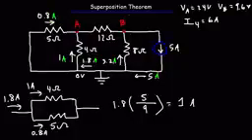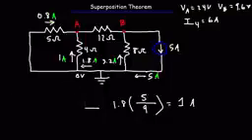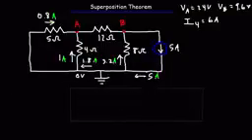What is the potential at point B? Will it be greater than or less than 0 volts? Because the current flows from the ground to point B, the potential at point B is going to be less than 0 volts, because conventional current flows from a high potential to a low potential. So the potentials at points A and B will both be negative. It's important to understand that this is relative to the ground.